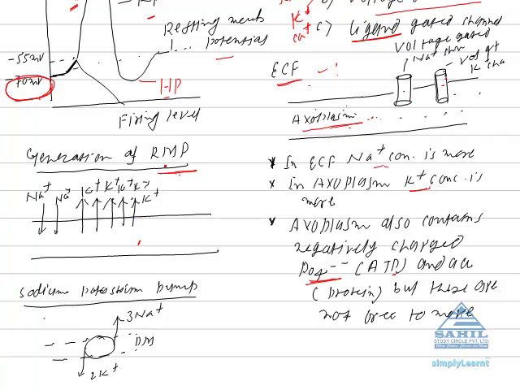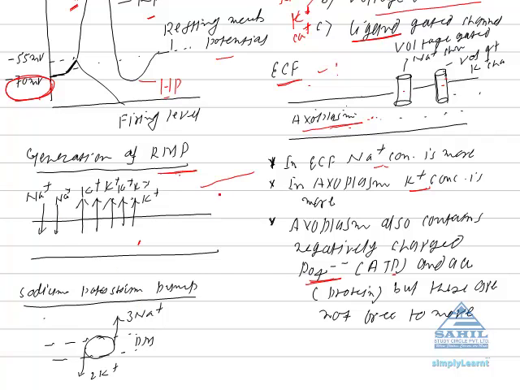One more fact we should know: the plasma membrane contains more leaky channels of potassium as compared to sodium. So what happens? Potassium efflux is more than sodium influx. It causes accumulation of positively charged ions outside than inside.